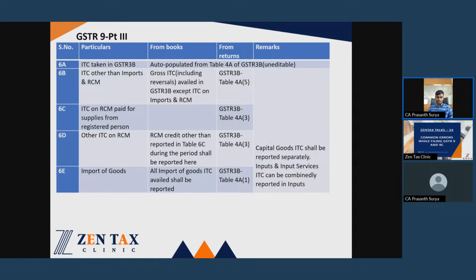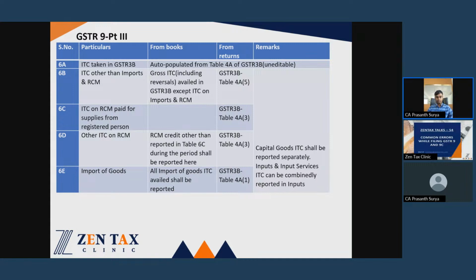So the next thing, I would claim this to be a villain of GSTR9, because these are the main part. To our knowledge, many people are not declaring any additional liability in table 4 and table 5 itself, because they are declaring what is in GSTR1 or GSTR3B.